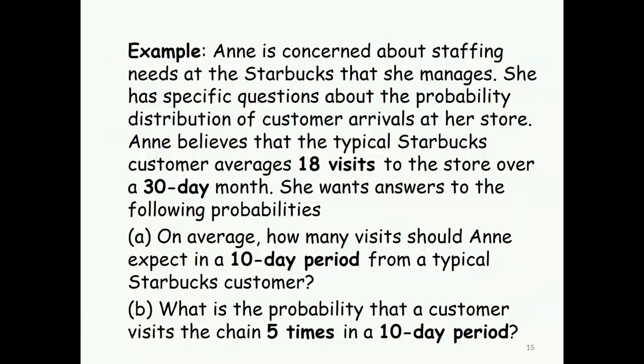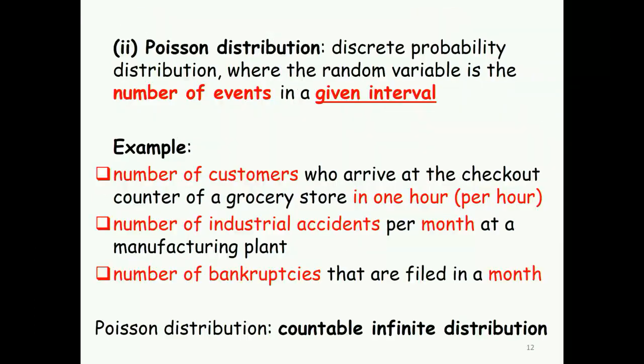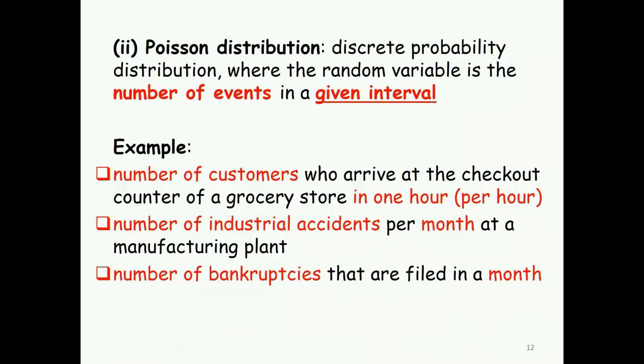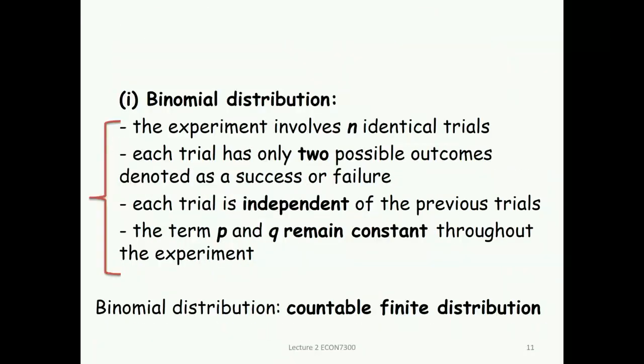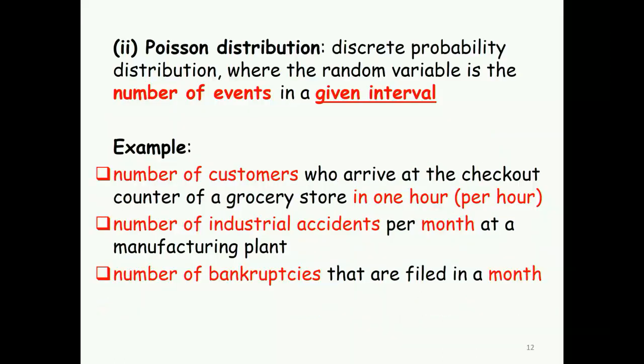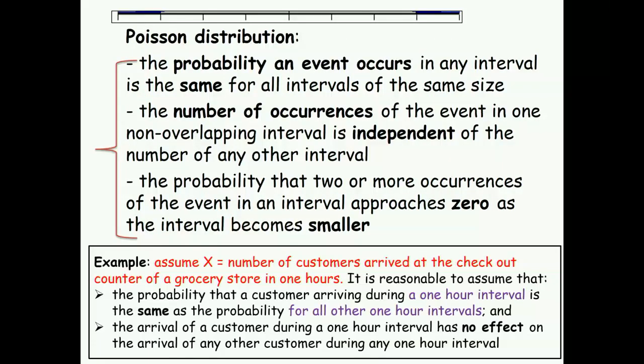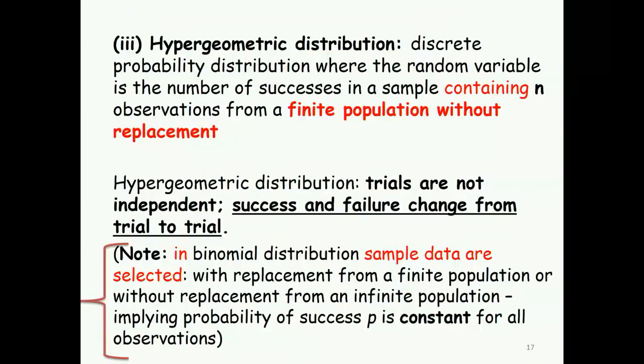You remember here we said finite, binomial. But now I am adding a little bit of additional information. Flip a coin 10 times, finite. It has some limitation. It finishes. But here I added a little bit of additional information: or without replacement from an infinite population.